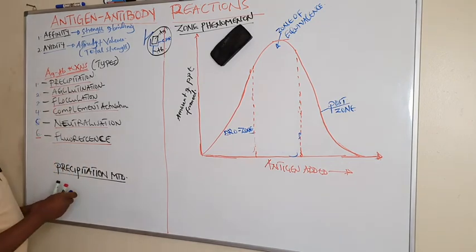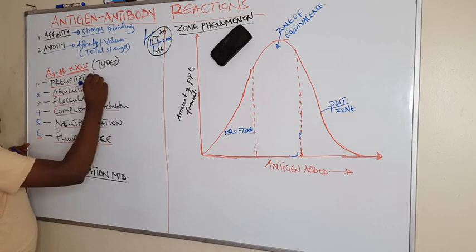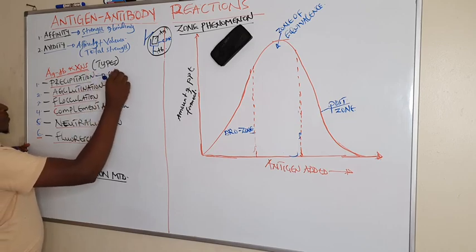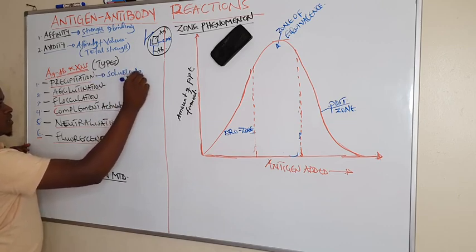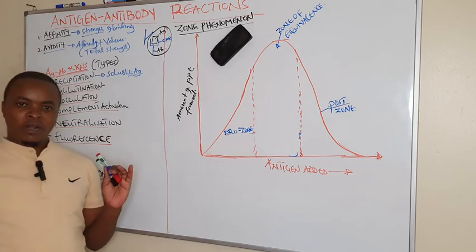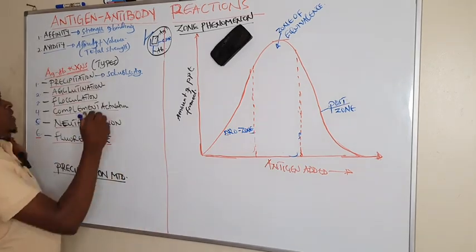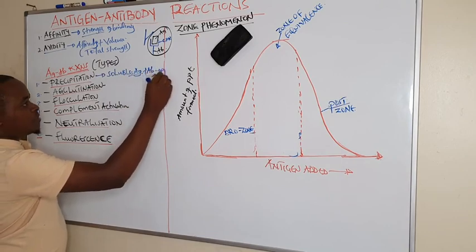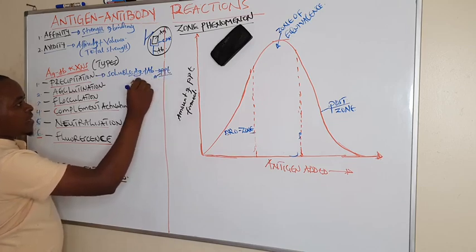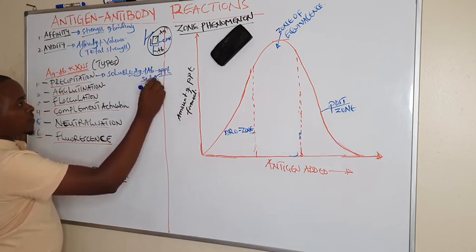Under precipitation, they use soluble antigens, and these antigens must be divalent or multivalent. These soluble antigens react with antibodies to form precipitates, and these precipitates have the ability to sediment.